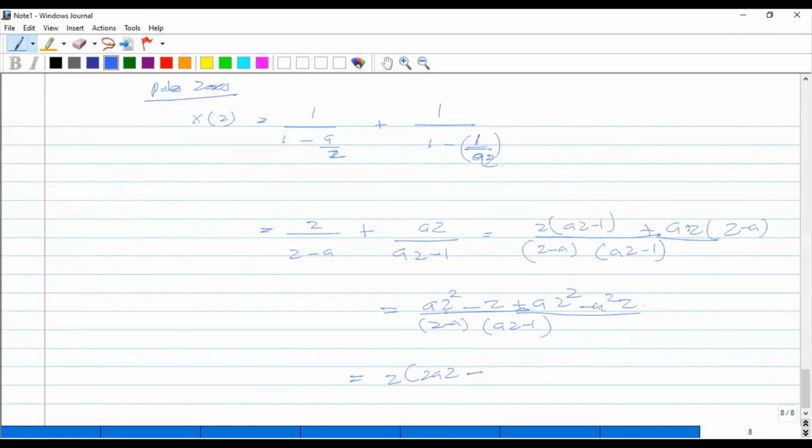In the denominator we have (Z minus A) times (A Z minus 1).